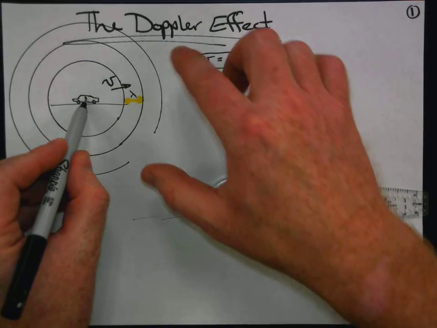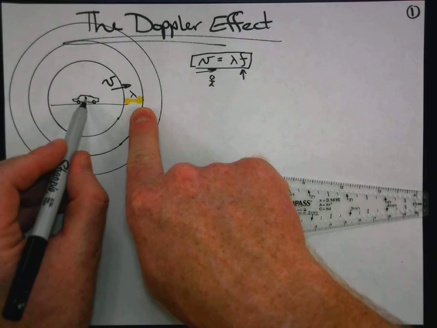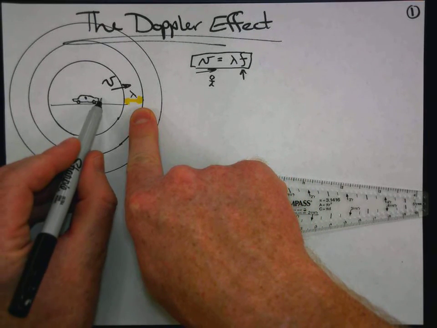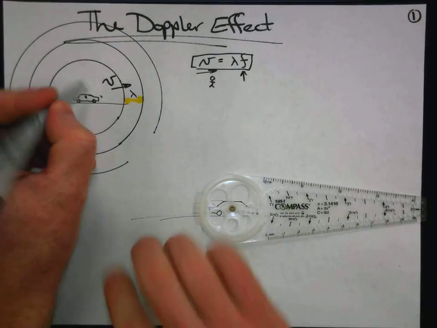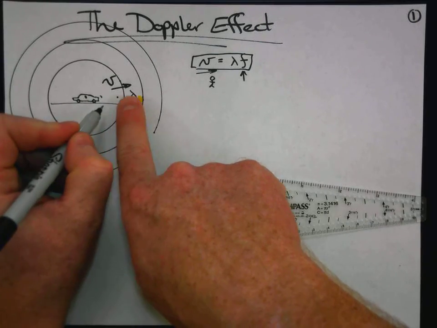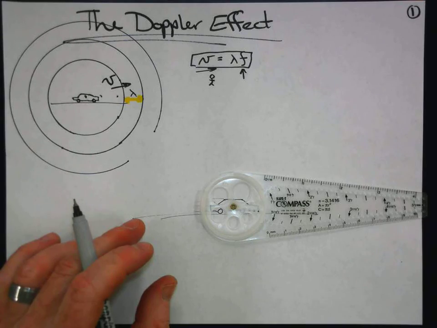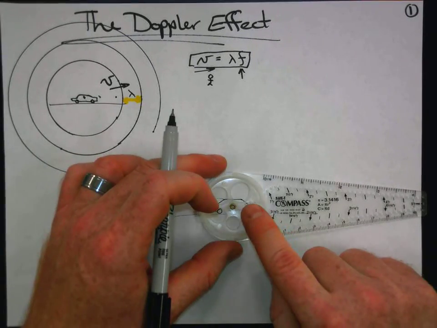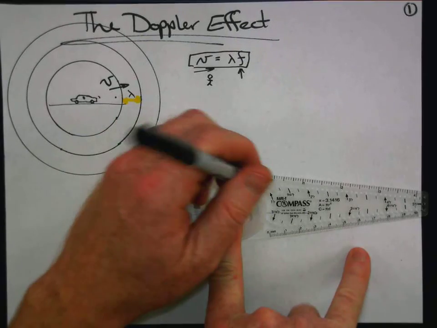But the next one was created some moments later, and in that time the car moved. So I have to put the center of that circle over here somewhere. Then some moments later, this sound wave is created and the car has moved, and I have to put the center of that circle further forward. This is going to be kind of interesting. I have to actually work backward a little bit.